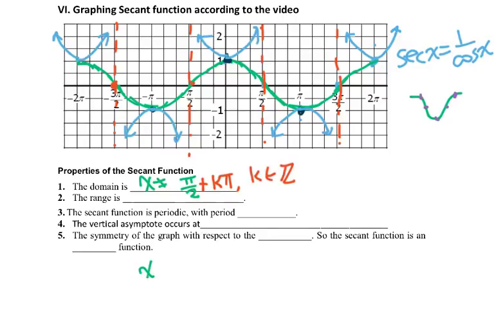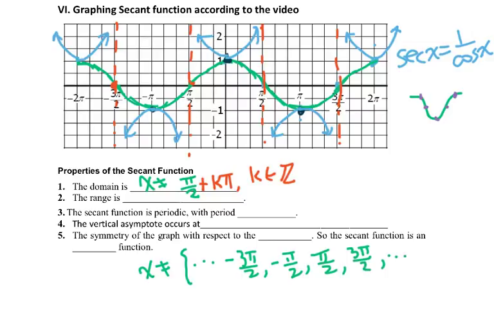Or you can write x not equal to, then just list them: negative 3 pi over 2, negative pi over 2, then pi over 2, 3 pi over 2, then keep going. For the range, it will be from 1 to infinity, or from negative infinity to negative 1.